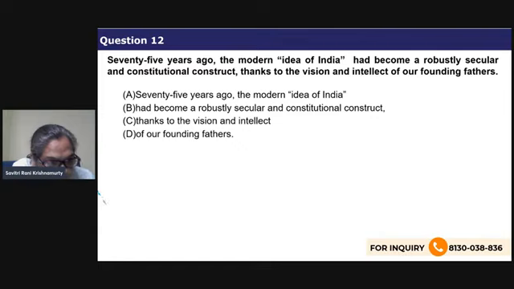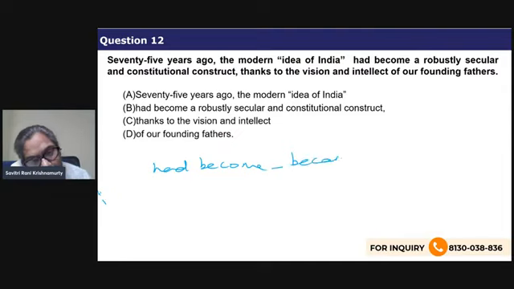Okay, it is not had become, but it is became. Why? Because we're talking of only an event that happened 75 years ago. When you are talking of only one incident that happened in the past, or one event or one anecdote about the past, it will be a simple past.